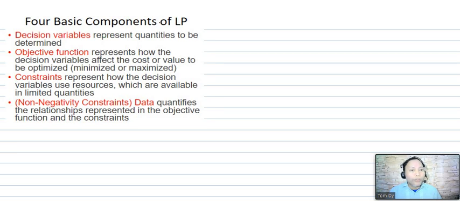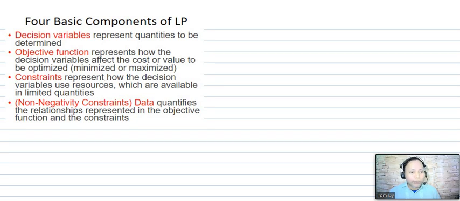We have four basic components of linear programming. We have decision variables, which represent quantities to be determined. Another one is the objective function. This represents how the decision variables affect the cost or value to be optimized.